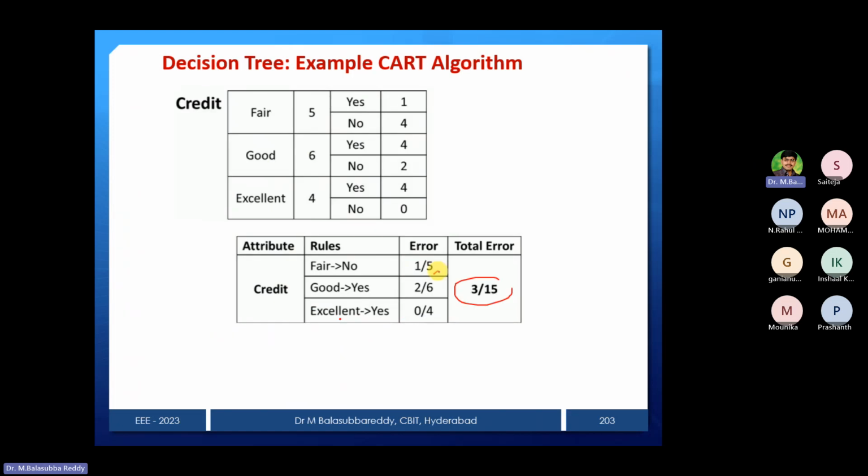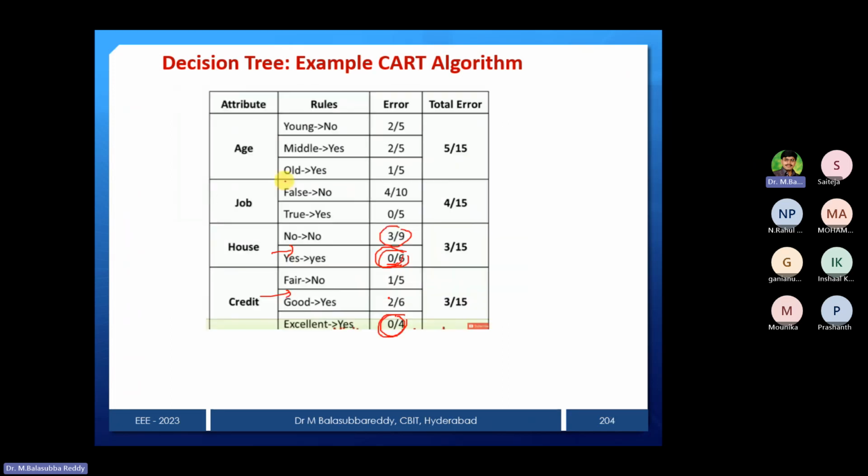If I take credit, we'll get 0/4 as one thing, but these two errors may be 1/5, that may become 3/11. In that case, here you can get 3/9. So now we can see, in this case, if we remove that, we'll get 3/11 error.